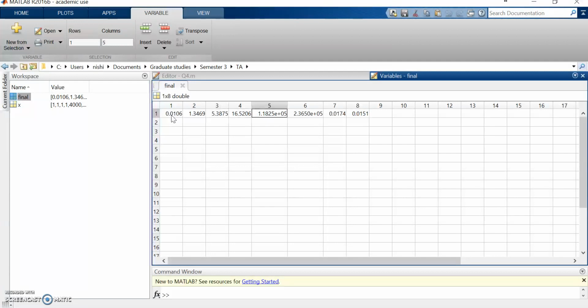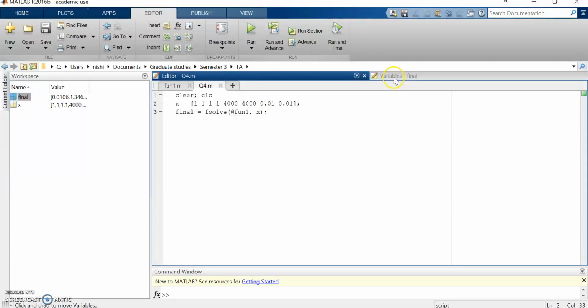This is Reynolds number 1 and 2, and friction factor 1 and 2. We see that the Reynolds number is in the order of 10 raised to 5, which is way greater than 4,000. So our assumption that the system is a turbulent one is correct. So we have all the final answers for all of our 8 variables.